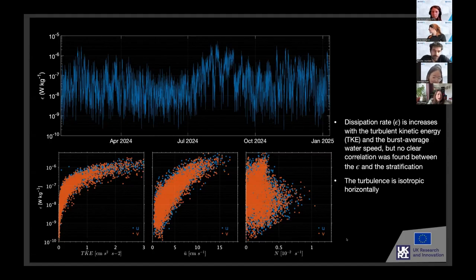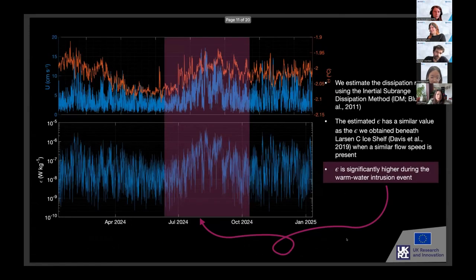And then from our dissipation rate, we can also do another comparison, which is with this figure that I've shown in the previous slide, with the reddish line for the temperature, and then the blue line for the velocity. So when we had this warm water intrusion in August, we also had a high dissipation rate.